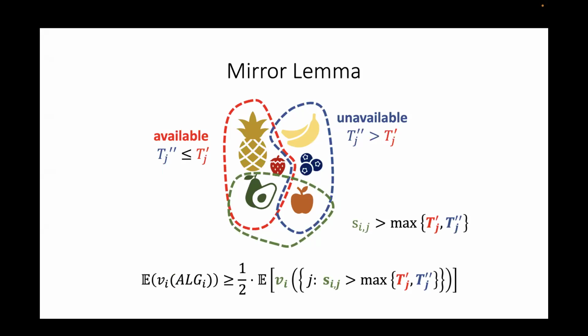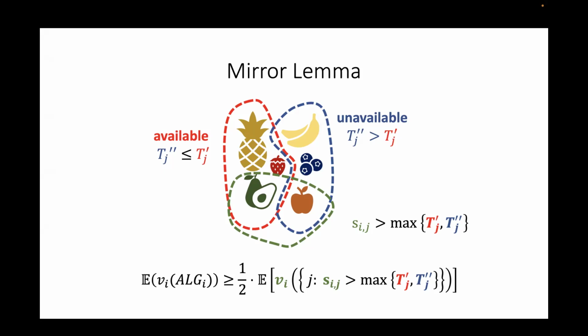Now, the reason this is useful is the following lemma. Call it the mirror lemma. And it's basically the same intuition as in the single item. The value that an agent gets with this algorithm is at least 1/2 times the expected value for the following set: the items for which the score is larger than 2 copies of the threshold. Remember, we have a similar expression in single items, right? So what is the set that the agent gets?